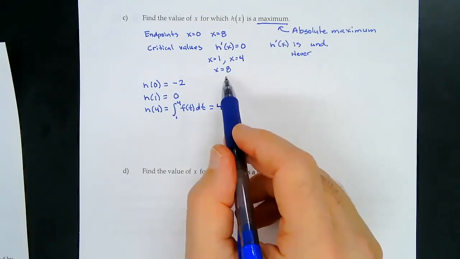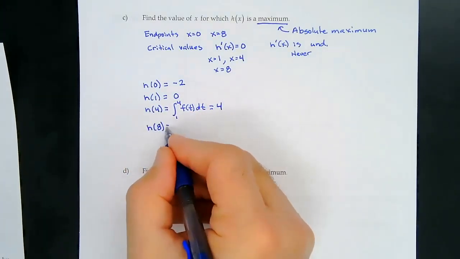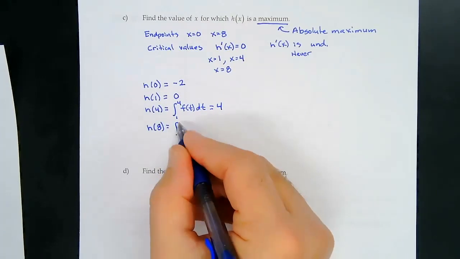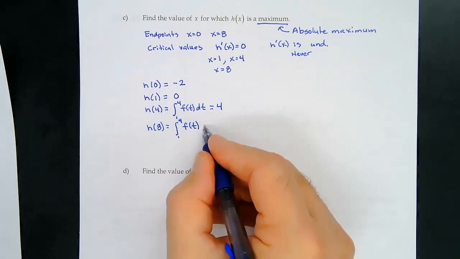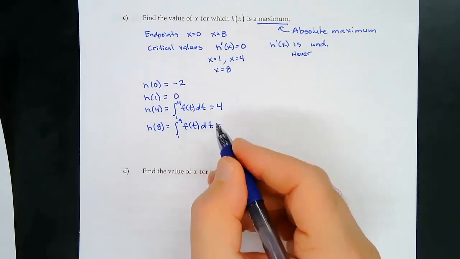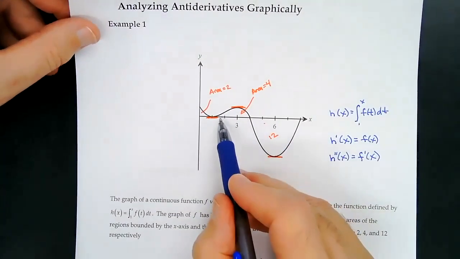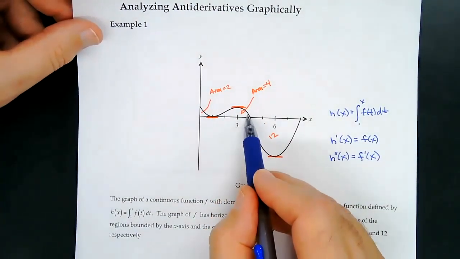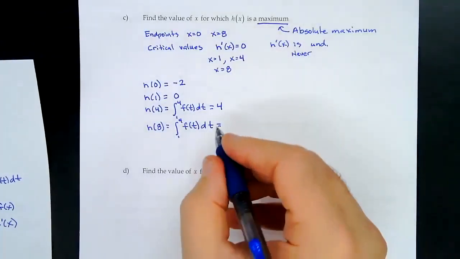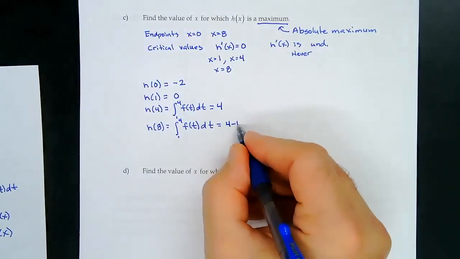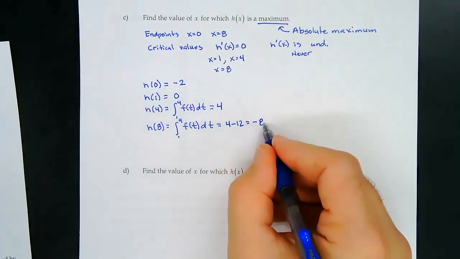And then I need to do h of 8, which would be the integral from 1 to 8 of f of t dt. From 1 to 4 is 4, so that's going to be positive 4. And then from 4 to 8, it's going to be negative 12. So this is going to be 4 minus 12, which is negative 8.